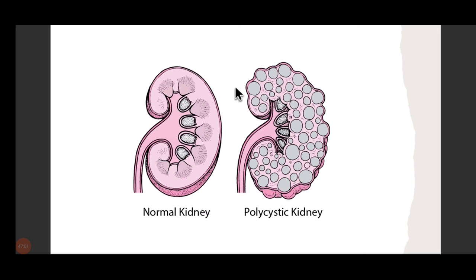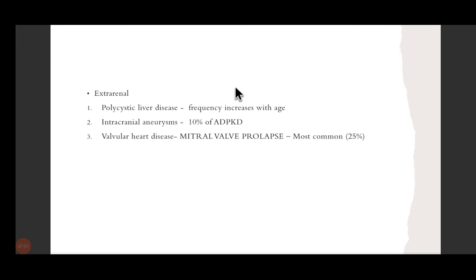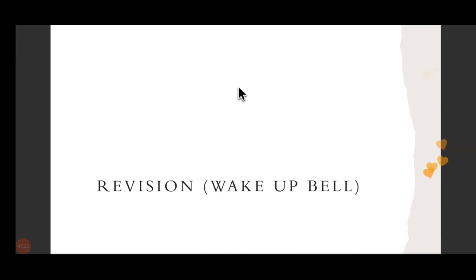So this is how a polycystic kidney appears as compared to a normal kidney. Extrarenal manifestations of the disease include polycystic liver disease, intracranial aneurysms, and valvular heart disease. Mitral valve prolapse is the most common associated pathology with ADPKD. So that was the end of the presentation.